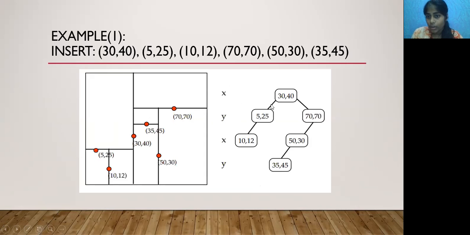30,40 is the root node here. We have to compare with the x coordinate. When we compare 5 with 30, 5 is less than 30, so it comes onto the left subtree of the particular node. When we compare 10 with 30, 10 is also smaller than 30, so it also goes to the left subtree.